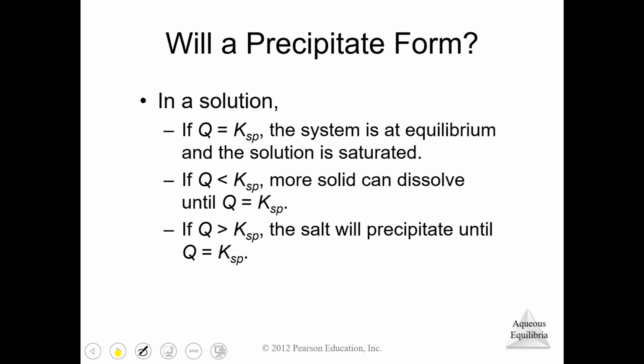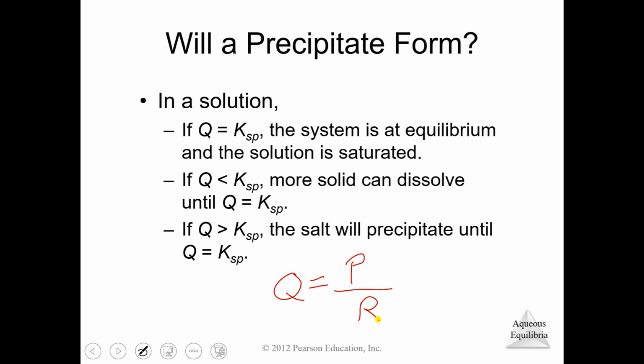We can calculate the concentrations mathematically the same way as K, but Q tells us at any given point when the reaction is occurring, not necessarily at equilibrium. So if Q equals K, that's when our system is at equilibrium. And remember Q is also products over reactants.